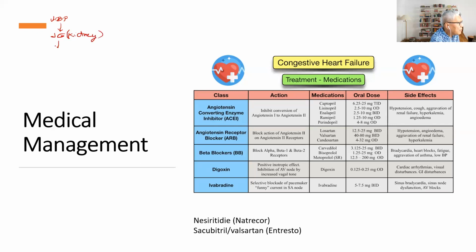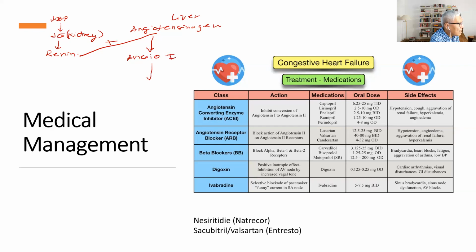And with this, it's going to release a substance called renin. And in the liver, there is a substance called angiotensinogen that is also present. So the combination of these two is going to cause the formation of angiotensin 1.